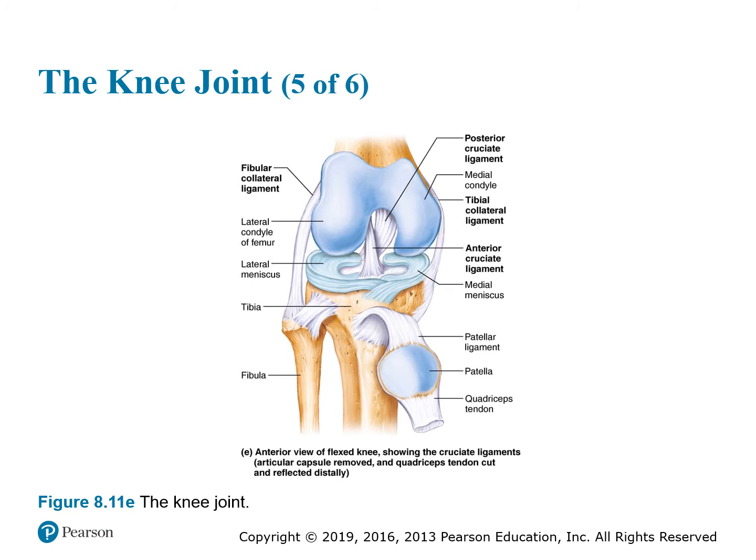Here's an anterior view of the flexed knee showing the cruciate ligaments. The articular capsule is removed in this view, and the quadriceps tendon is cut and reflected distally. Here we have the fibular collateral ligament and the tibial collateral ligament. The posterior cruciate ligament, the intracapsular ligament, is here, and the anterior cruciate ligament crossing in front.